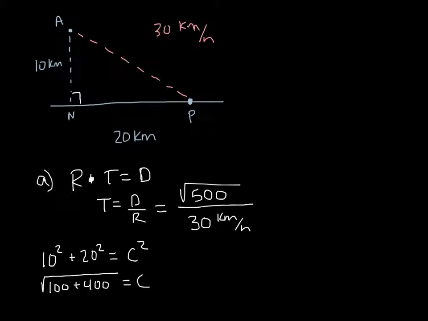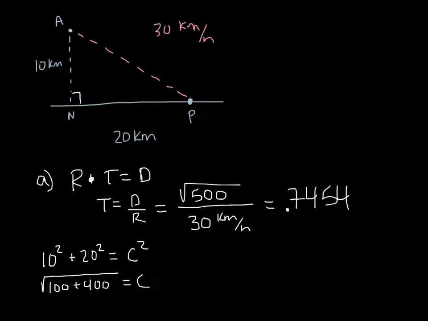So let's see. I guess we can put that into our calculator. Root 500 divided by 30 is going to be 0.7454. We can just get a decimal approximation here. It's asking for us to solve it to the nearest tenth, so it's okay to do a decimal. Oh, 0.7454, let's say.